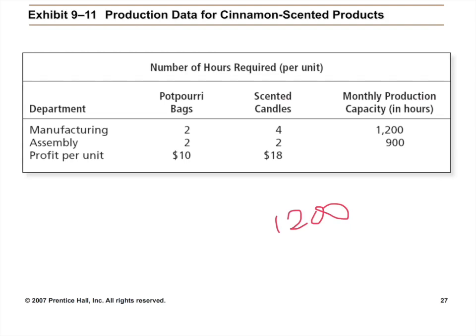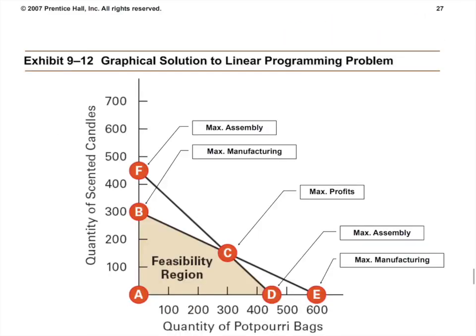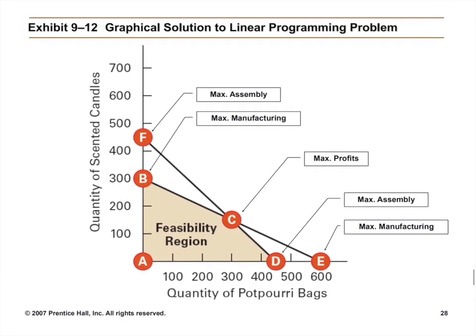The capacity 1,200 divided by 4 hours, so we can produce 300 candles. When we use all manufacturing capacity just to produce candles, we get 300, and that is the representation at this point. Similarly for the assembly department. Okay, you can do this by yourself.